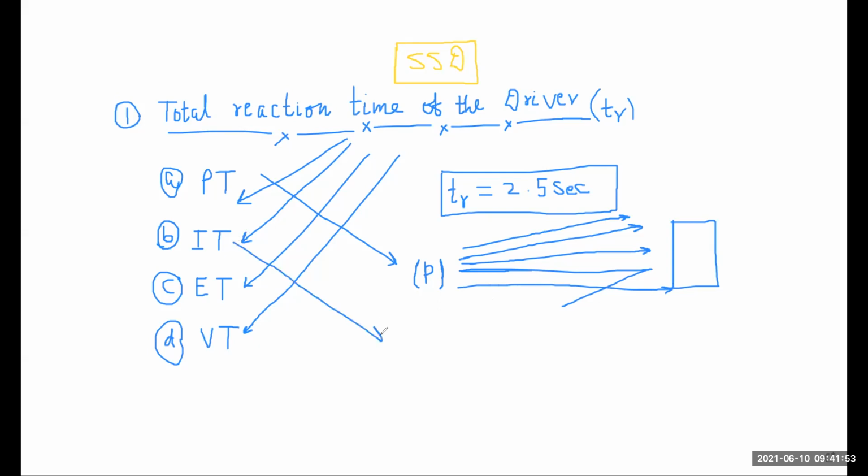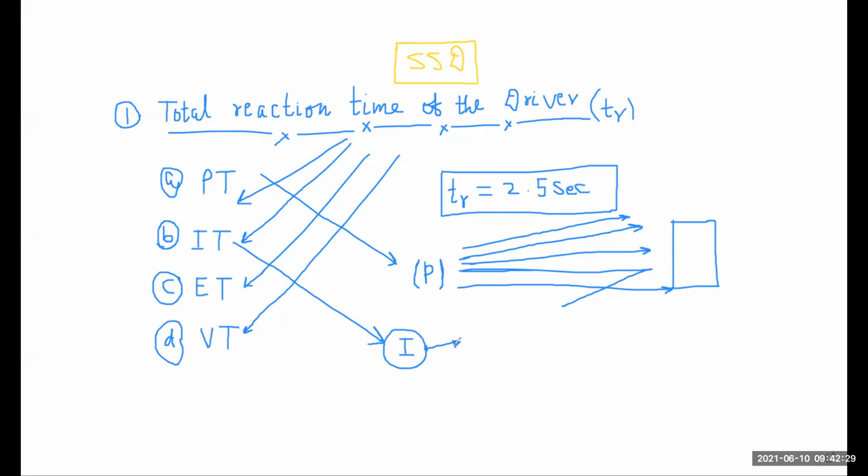The second time is your intellection time. It is denoted by I. Listen carefully: intellection time is the time required by the driver to understand the situation, and all the understanding process happens in your brain. That means your brain understands all the situations. The brain also takes a few microseconds to understand the situation.